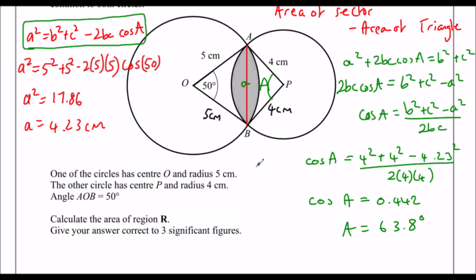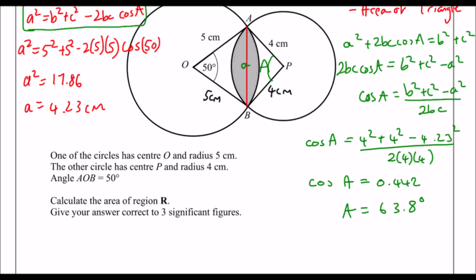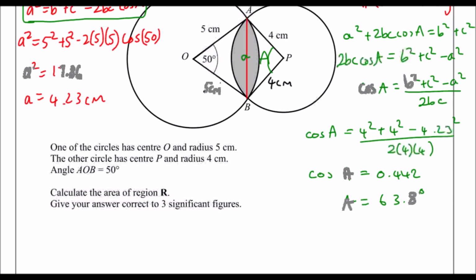So now we can work out the area of the sectors and take away the area of the triangles. The area of a sector is the area of the whole circle times the fraction of the circle we've got.